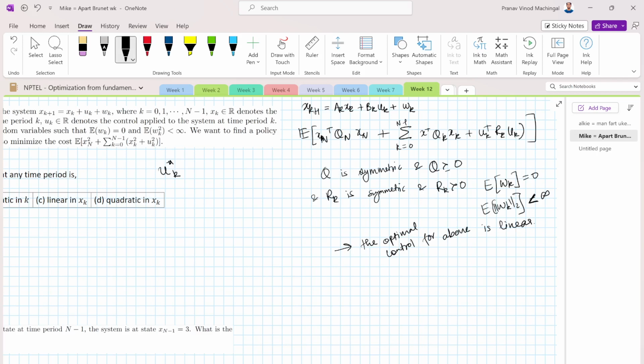How you get this is you write your DP equation for the above problem.